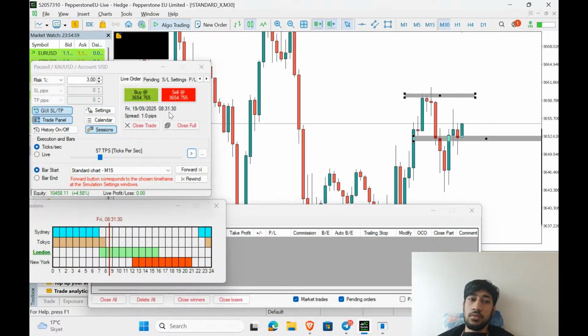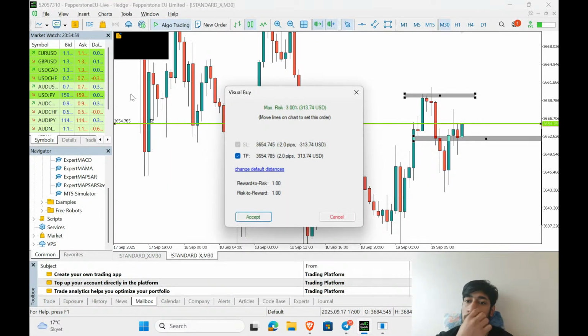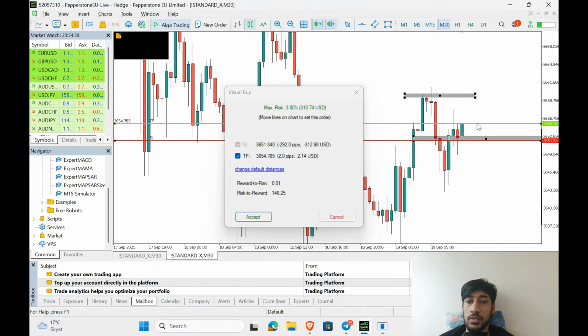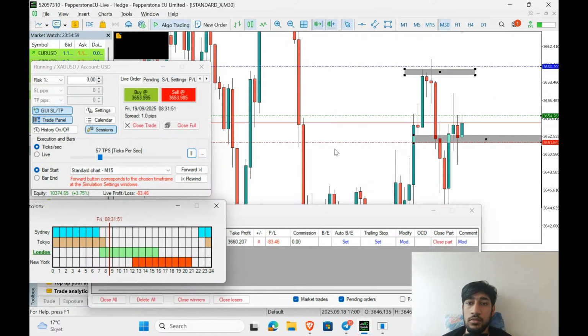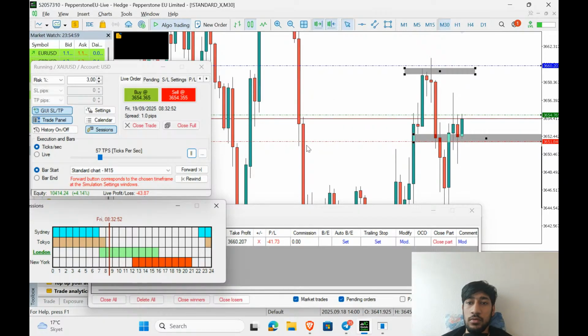So this is a YOLO buy. Here's the SL and somewhere around here is the TP. We just gotta wait for profit or stop loss to roll in.